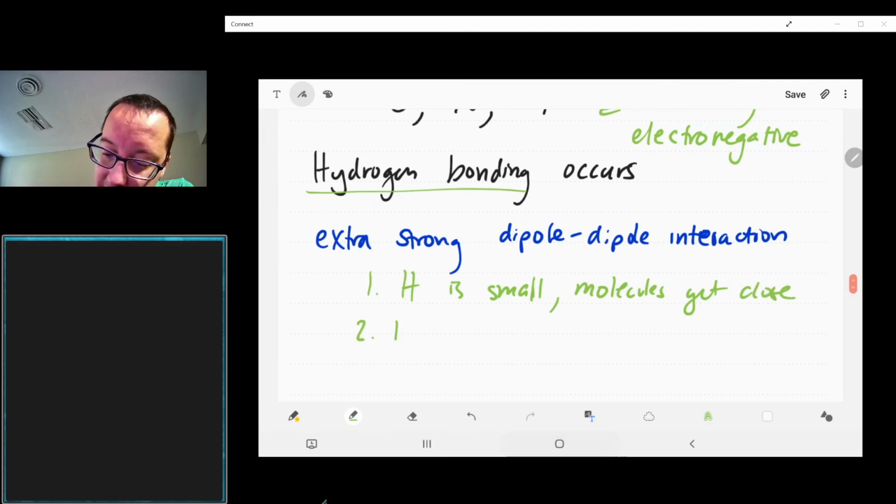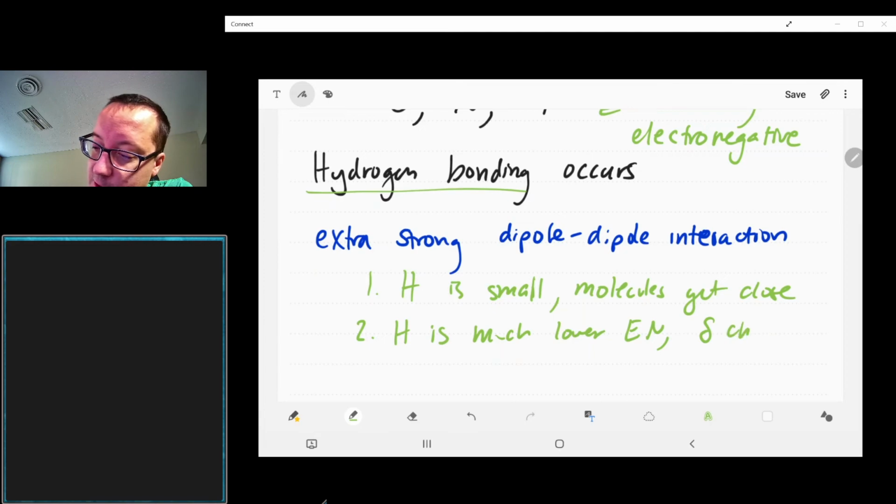And because hydrogen is much lower in electronegativity, the partial charges are large. So we're going to have kind of supercharged things, not fully charged, but really strong partial charges here, and they're really small, so they can get close together, and that's going to really create a nice strong force for us.